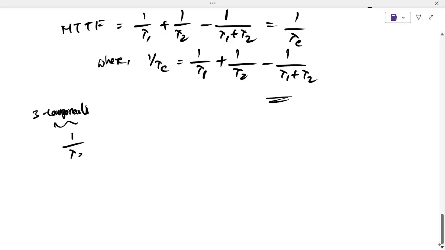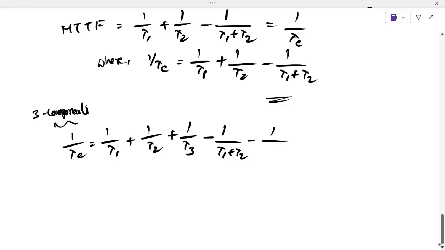Then what will be the 1 by lambda e now? 1 by lambda 1 plus 1 by lambda 2 plus 1 by lambda 3, minus 1 by lambda 1 plus lambda 2, minus 1 by lambda 2 plus lambda 3, minus 1 by lambda 1 plus lambda 3, plus 1 by lambda 1 plus lambda 2 plus lambda 3. This is regarding parallel system.